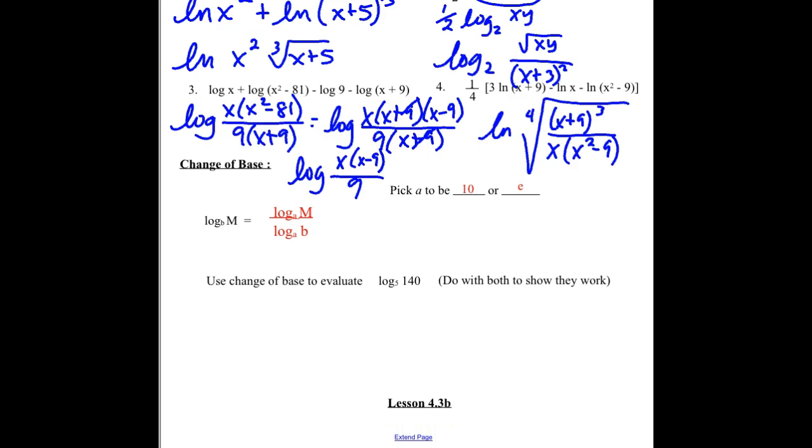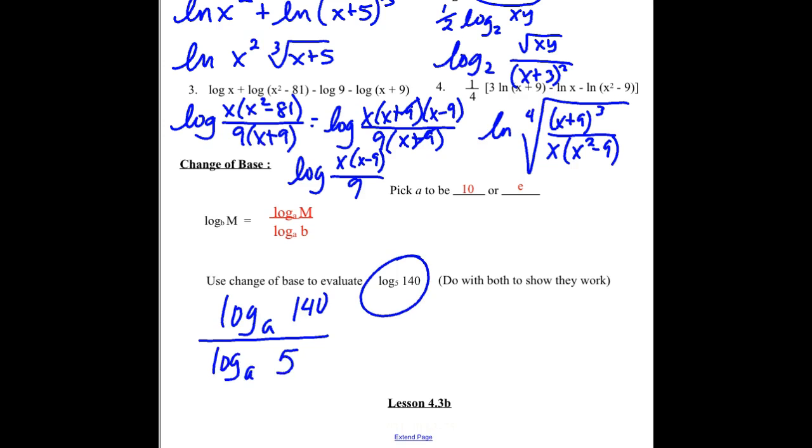So for our example, if we're going to take the log base 5 of 140, instead, I can take the log using some other base, I'm just going to write an A for now, of 140 divided by the log base A of 5. So notice that the number down here went on the bottom and the number on top went on the top. Yes? Your base went in the basement.